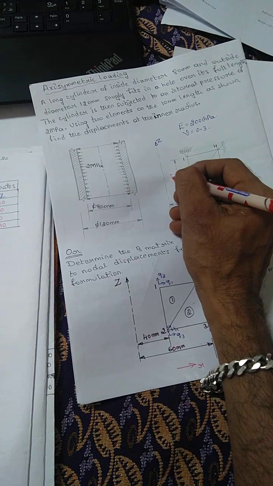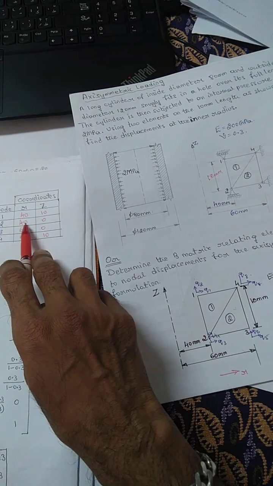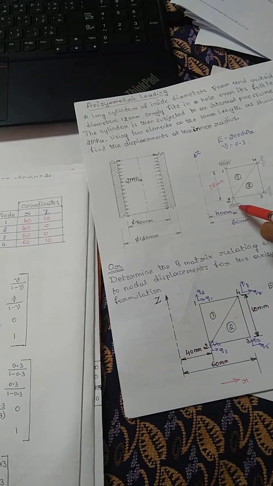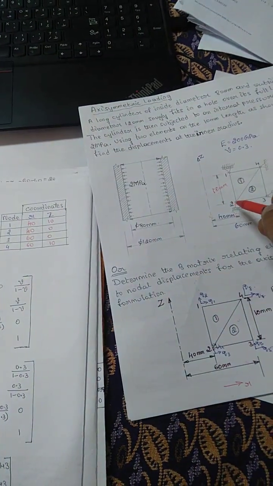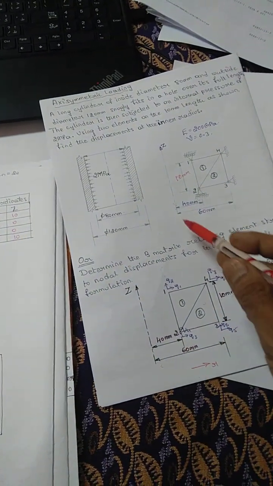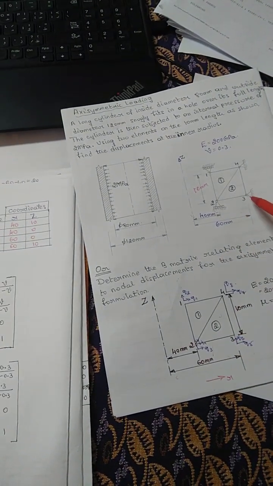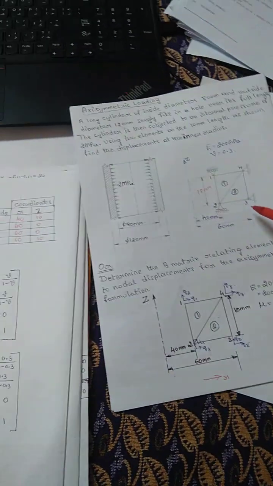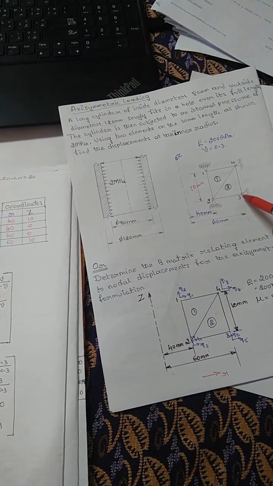Node 2 is at the same distance of 40 mm from the z axis, and its z value is 0. For node 1 it is 10, and node 3 is at a distance of 60. Node 4 is also at 60, and z is 0 for node 3, and for node 4 it is 10.